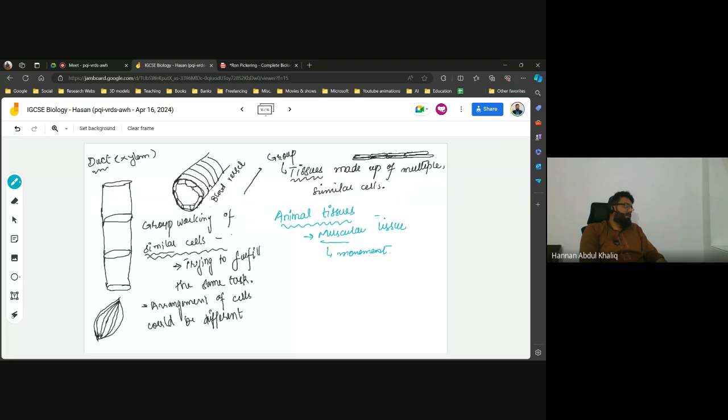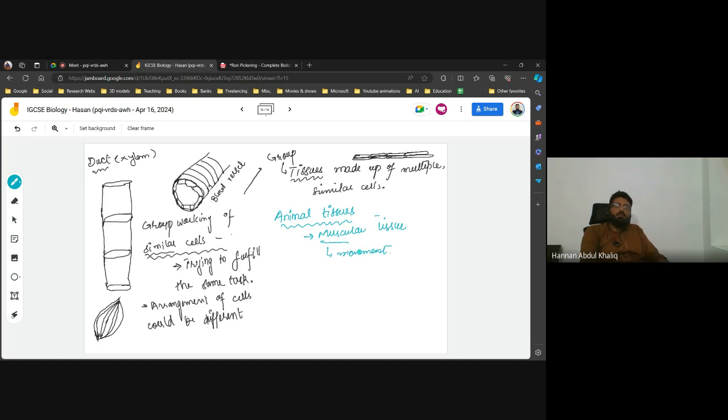Like if I am blinking my eyes, every blink would require hundreds of muscles. So the first and foremost important tissue that you would find in animals is the muscular tissue. Basically, you can say that the muscular tissue is composed of many muscle cells.